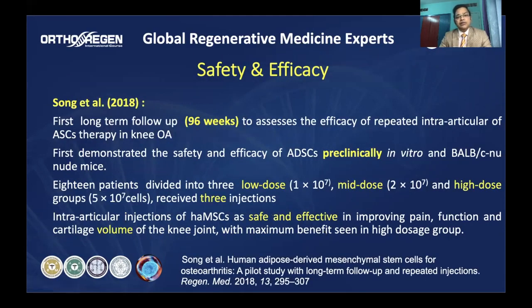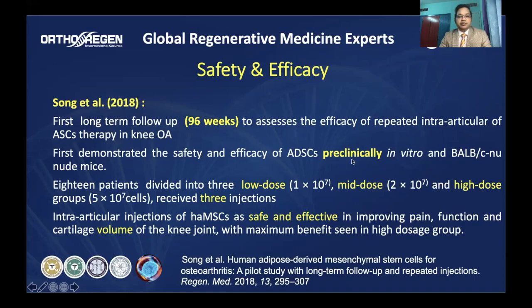Are there any long-term follow-up studies? This is one case study done by Song et al. in 2018. And this is the first study which has a long-term follow-up of 96 weeks. Again, for osteoarthritis, they used intra-articular injection.